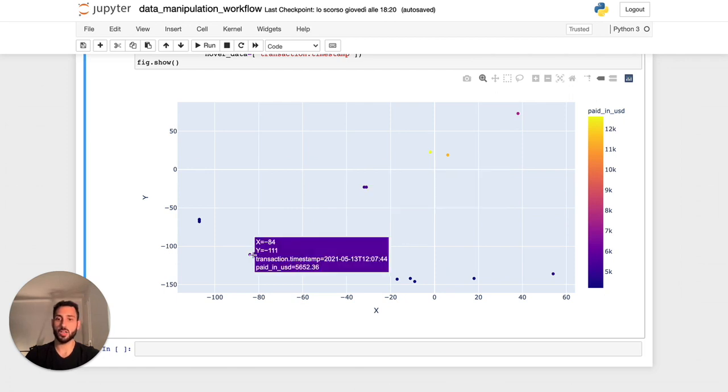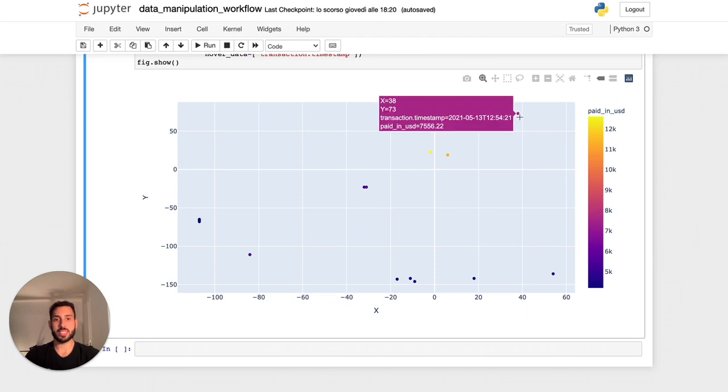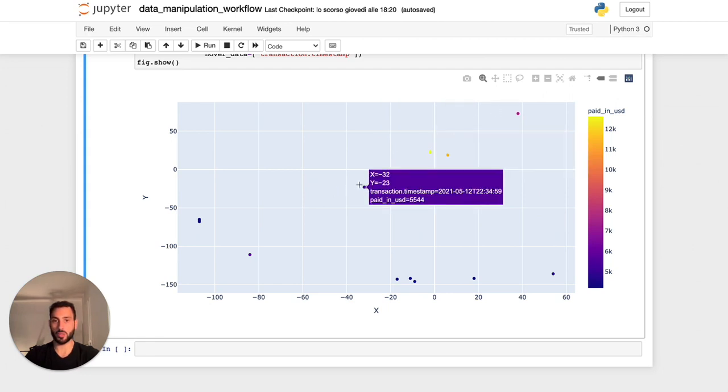And here, far out, I have a piece of land that costs even more than that one. And as you can see, typically the closer you are to the center, the more expensive it gets. And another point of comparison, here we're looking at something that is more or less at the same distance from the center compared to these two plots.